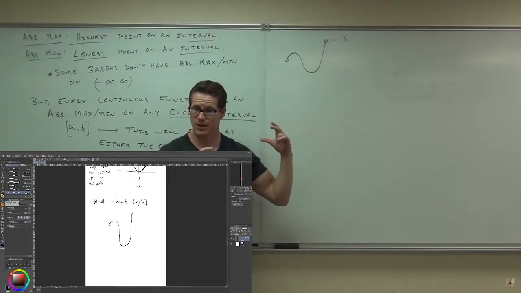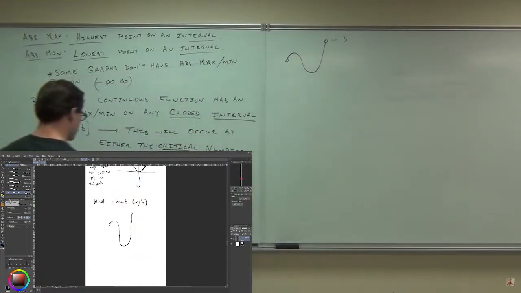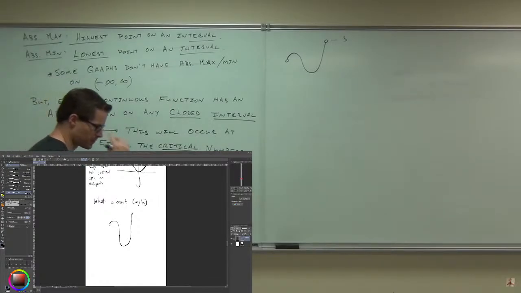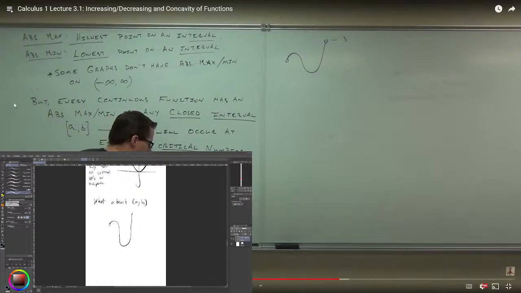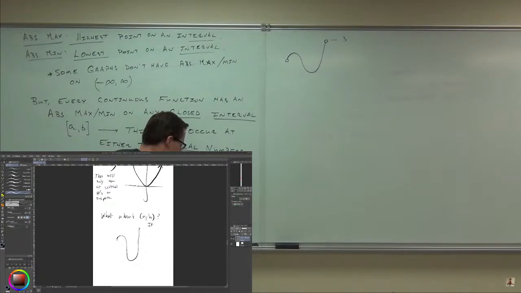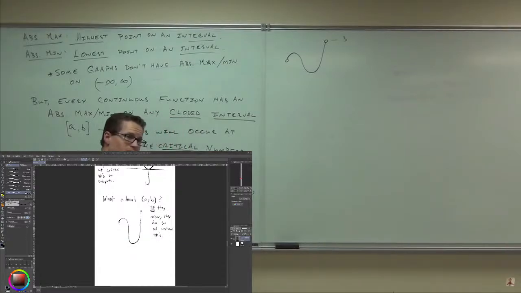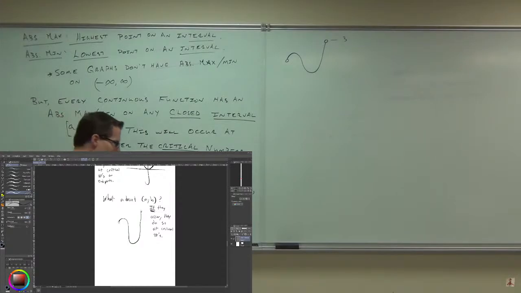Open intervals, if they were to occur, they would happen at your critical numbers. Because there are no endpoints, take away the endpoints here and they have to happen at critical numbers.